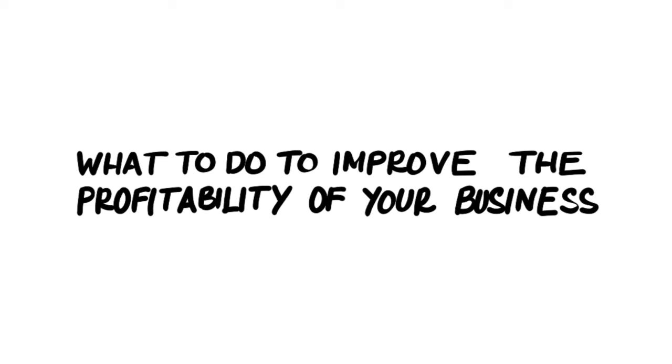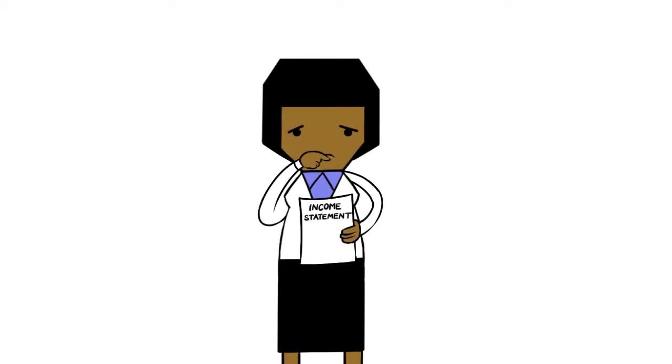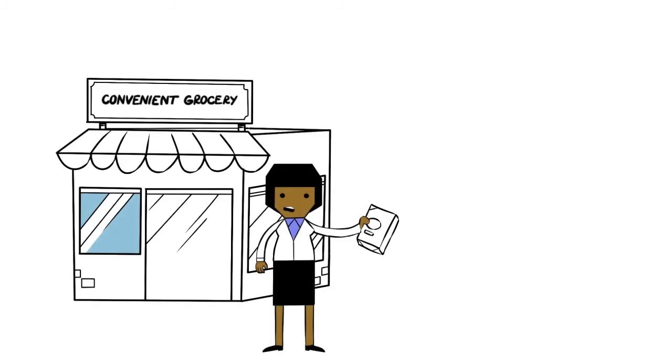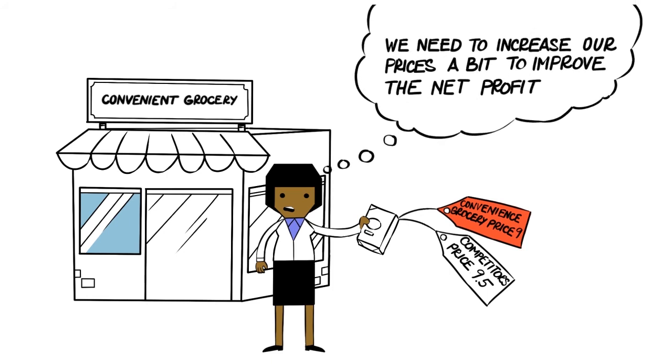What to do to improve the profitability of your business? A company with a low or negative net profit margin can potentially increase its profitability by taking steps to reduce costs and increase sales. Here are some steps to consider. 1. Review your pricing to be sure that you've built in adequate margins for profit while still remaining competitive. 2.